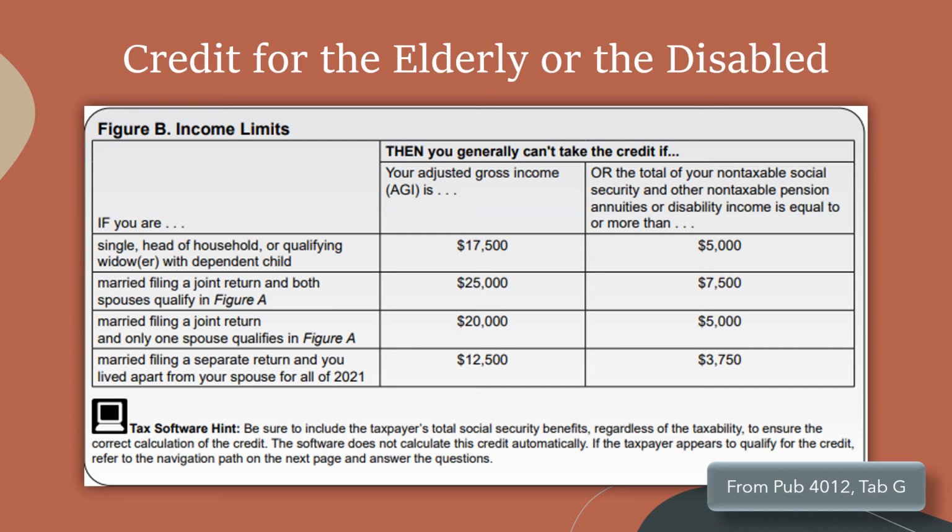Or if they have non-taxable Social Security and other non-taxable pensions and annuities and disability income, if it's over $5,000, they can't take the credit. And you can see we have slightly different limits for married filing joint returns, and one or both spouses might qualify, but again, incredibly low income limits, which is why we don't really see this super often.